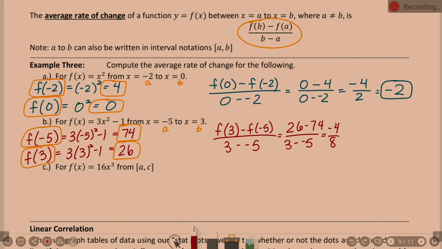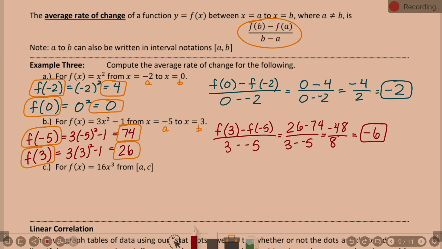Ready to write it down, make sure you get it right here. What are we getting? Negative 48 over 8, which then divides out to be negative 6.